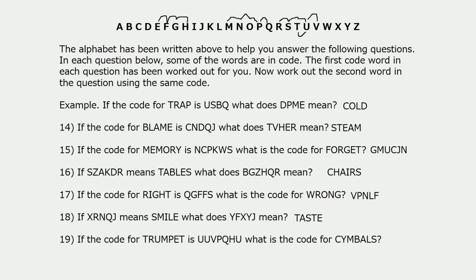So C is to D. Y is to. See, on this one, it goes all the way back. Remember not just to stop at Z, always to go back and carry on from the start.